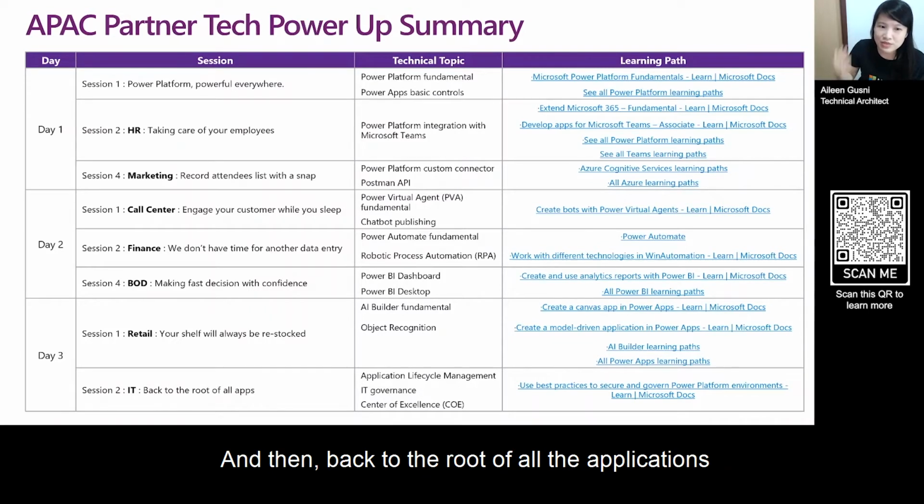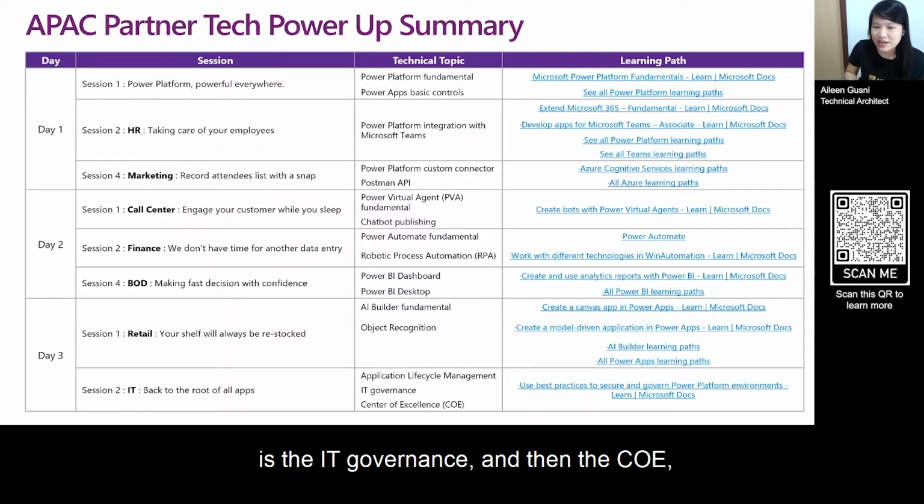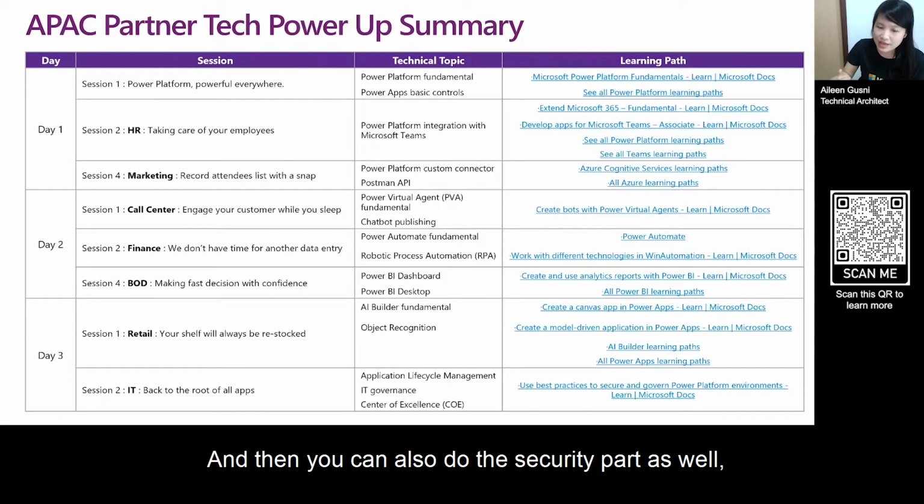And then back to the root of all the applications is the IT governance and the COE, where you can actually secure your environment. You can also look at which are the top applications used by your employees, by your team. And you can also do the security part as well.